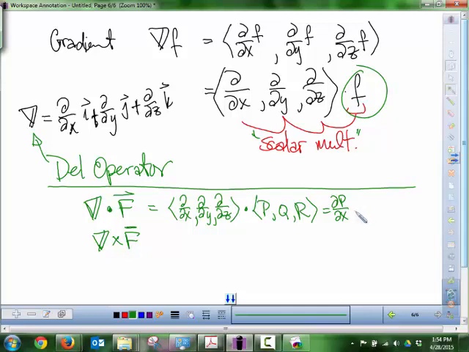What do you get when you dot product? You get a scalar, so plus partial of Q with respect to y plus partial of R with respect to z. So this is another function. This is a derivative of a vector field.